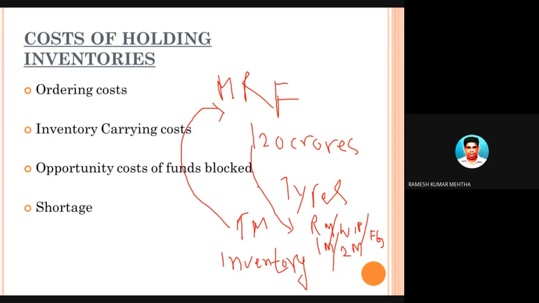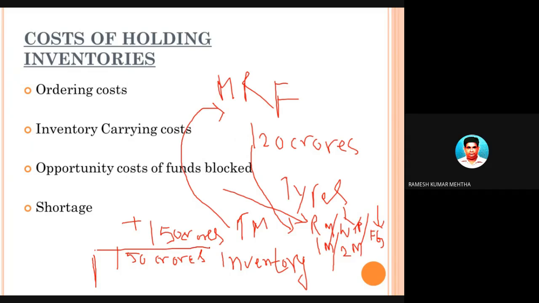So your money of 120 crores plus some conversion cost, assuming some 30 crores extra for conversion into finished goods, your 150 crores is going to be blocked in various stages of production, like raw material, work in progress, and finished goods. It's not a small amount, and it is blocked for 2 or 3 months.